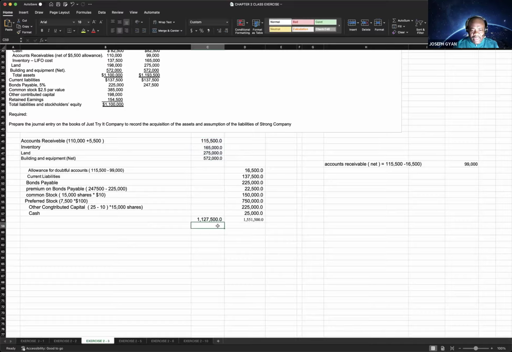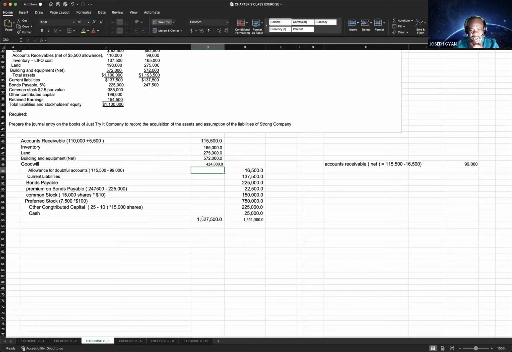There's a difference. This is bigger than this one, therefore it's a goodwill. So the goodwill is equal to this minus this one here.